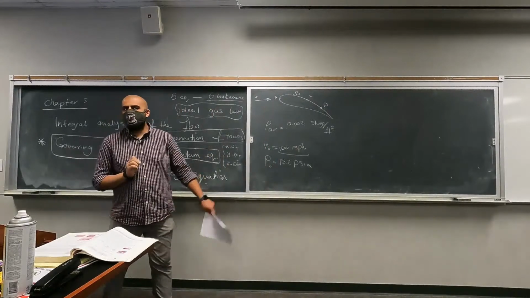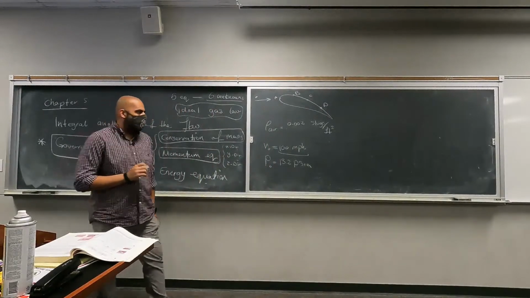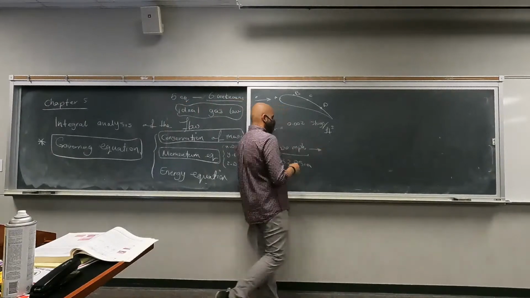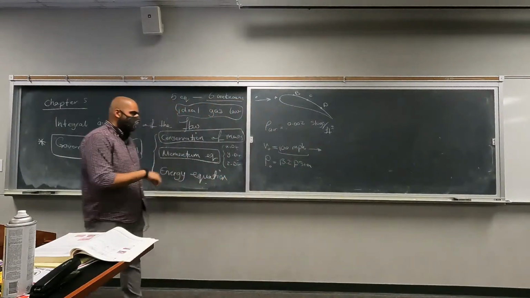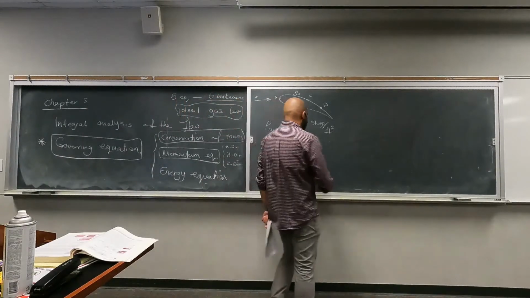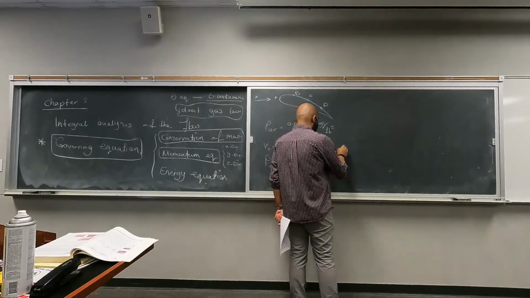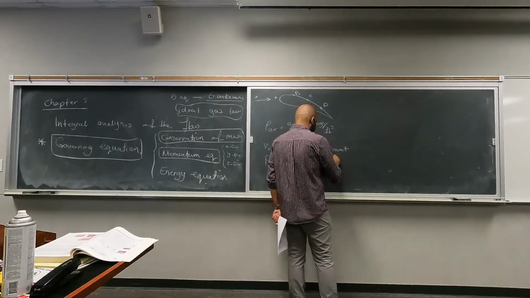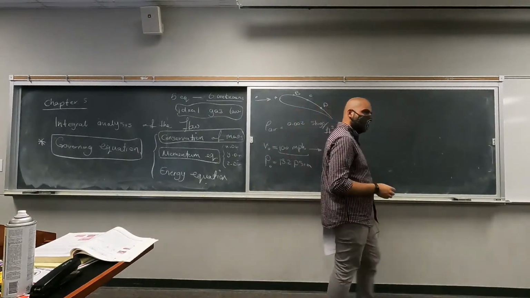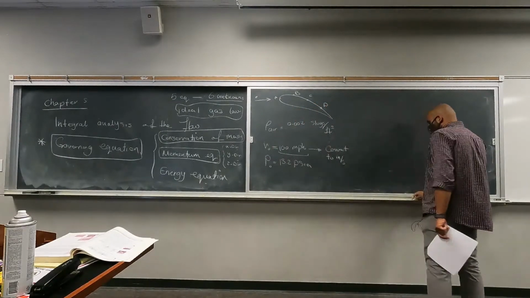Because the pressure is in psi. So you have to make sure you know how to make that conversion. I don't have the numbers here with me, but just make sure you make that conversion. Convert to inches per second. That's the first thing you need to do to make sure you are dimensionally homogeneous.